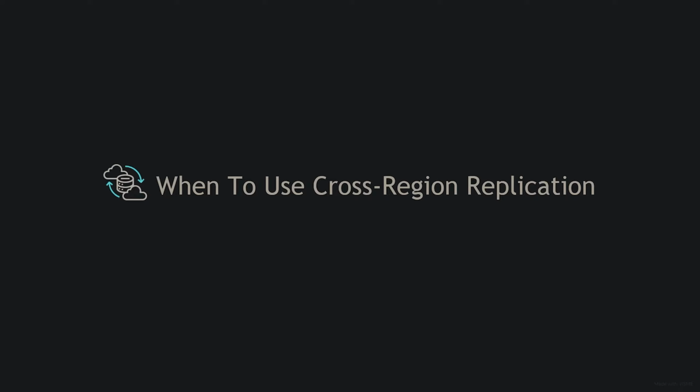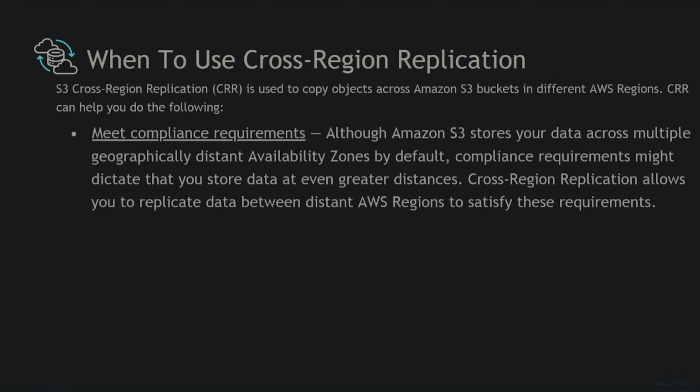Then when should we actually use this cross-region replication? Well, it's based on three main factors. But before that, let's understand why we use it, right? So S3 cross-region replication, or the CRR, is used to copy objects across Amazon S3 buckets in different AWS regions, right? And the CRR helps in three different ways, and these three are the only situations when we should use it.